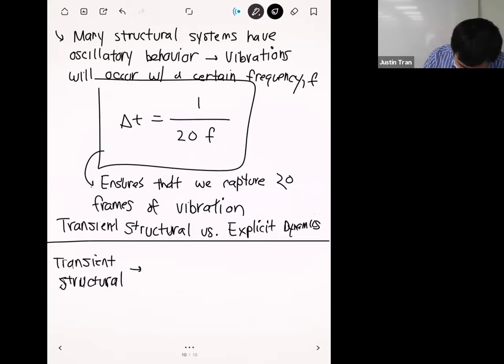All right. And so transient structural is usually best used for situations which don't change with time all that quickly.